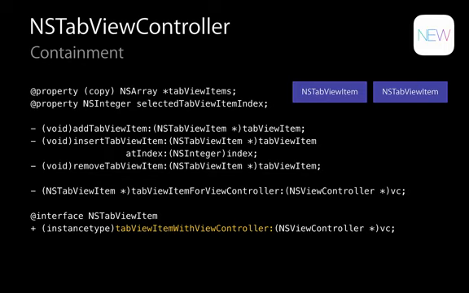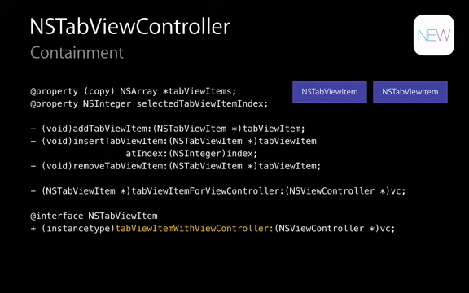And TabViewItem also has this really nifty class method on it, tabViewItemWithViewController. So you could take any generic view controller that you have, and you can create a default TabViewItem for it using this method. And what this does is it doesn't just create a generic tab view item, it tries to populate it with the appropriate information from the child view controller.